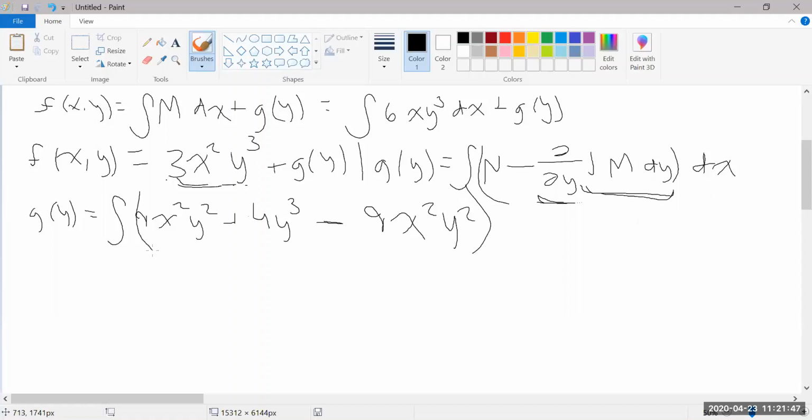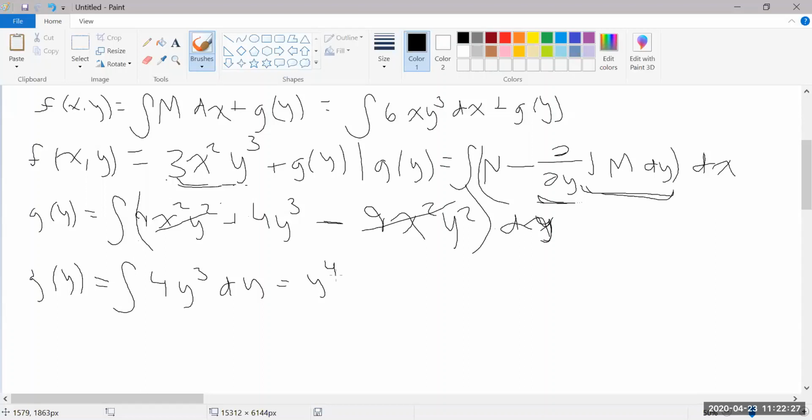So these go away, and you're left with the integral of g of y, which is 4y cubed dy. I'm sorry, this should be a dy here. When you take that, you will get y to the fourth as your g of y, so you can finally plug that back in.